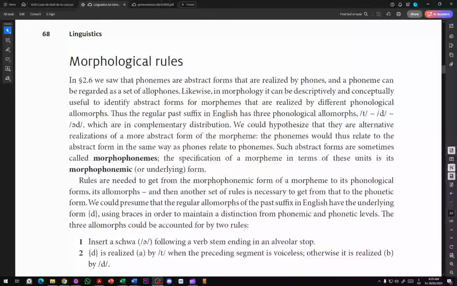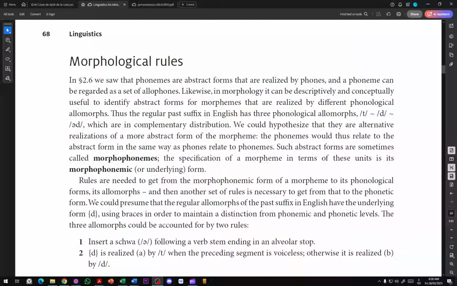We saw that phonemes are abstract forms that are realized by phones. Okay. And the phoneme can be regarded as a set of allophones.